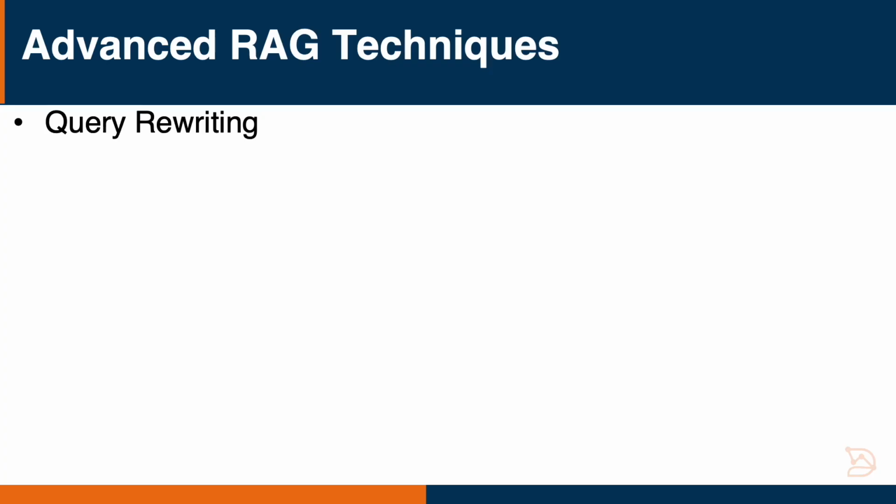Now, there are some other important advanced techniques in RAG that have been emerging. Number one would be query rewriting. Sometimes I ask a question that might be an inverse of what is in the vector database.